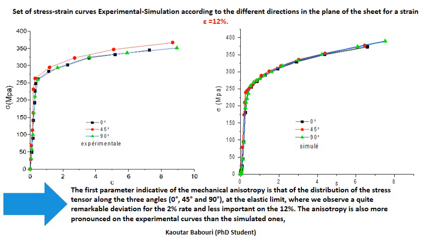We can understand that the first parameter indicative of the mechanical anisotropy is that of the distribution of the stress transfer along the three angles, at the elastic limit, where we observe a quite remarkable deviation for the 2% rate and less important on the 12%. The anisotropy is also more pronounced on the experimental curves than the simulated ones.